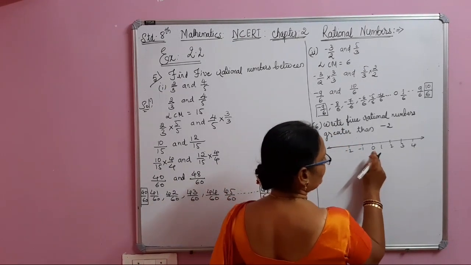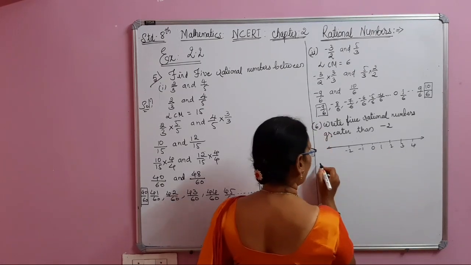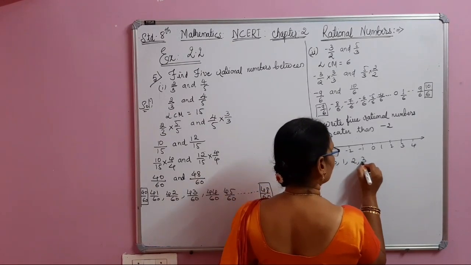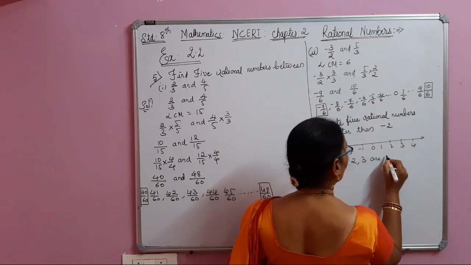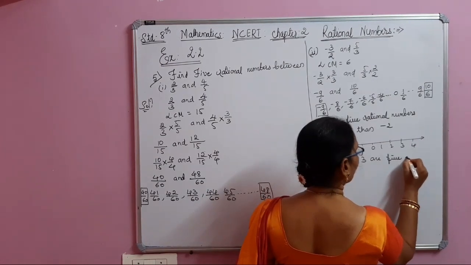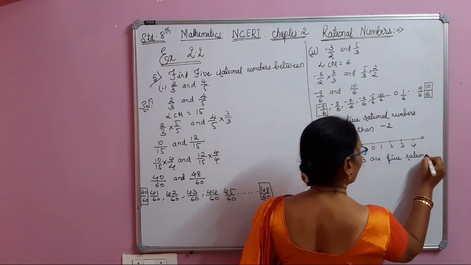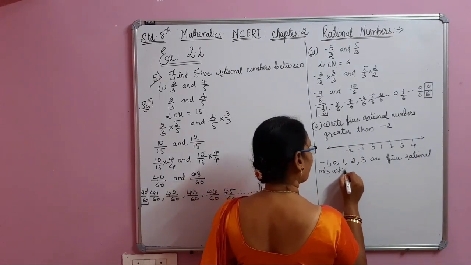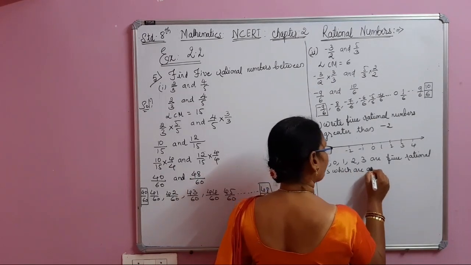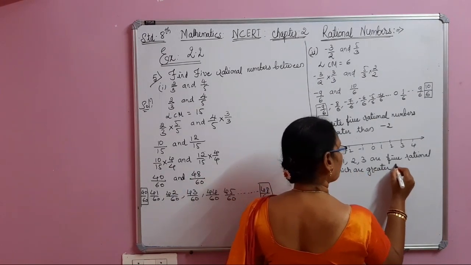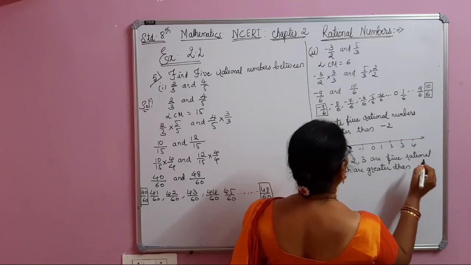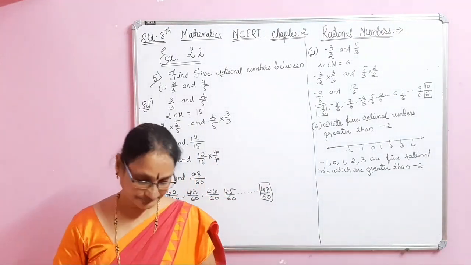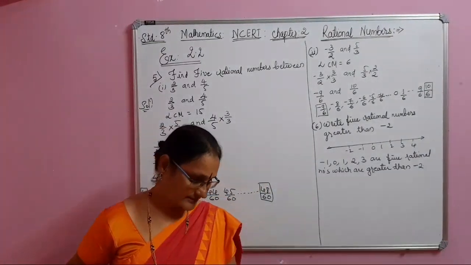So minus 1, 0, 1, 2, 3 are 5 rational numbers which are greater than minus 2. Okay, this is the sixth main.